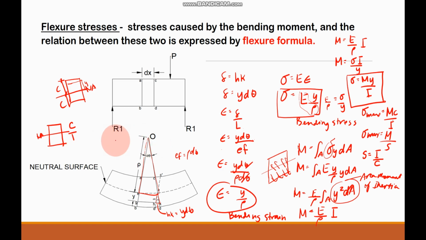So if you notice, our compressive stress in the previous chapters is denoted as negative, and our tension is denoted as positive.